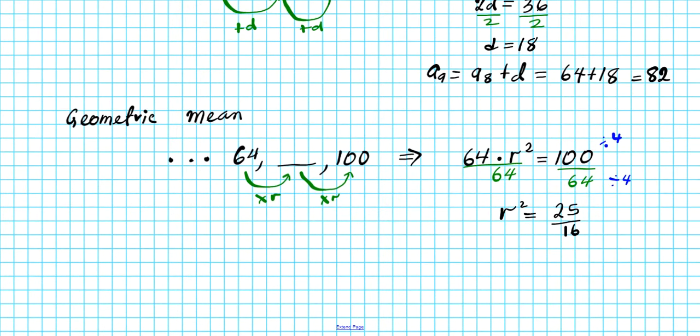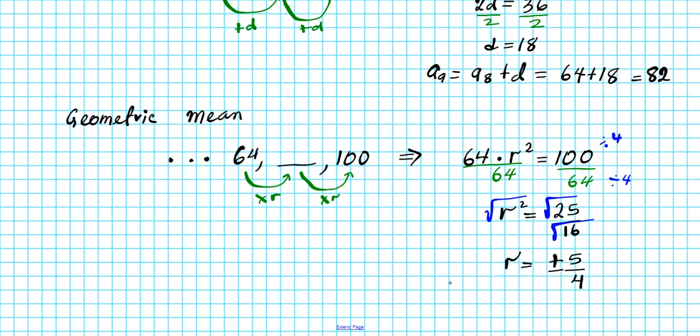To get r isolated, we use the inverse of the square function, which is the square root. So root the left and the right, like that. Now, anytime you take the square root of a square, you have to introduce plus or minus. Okay, so we have plus or minus 5 over 4.